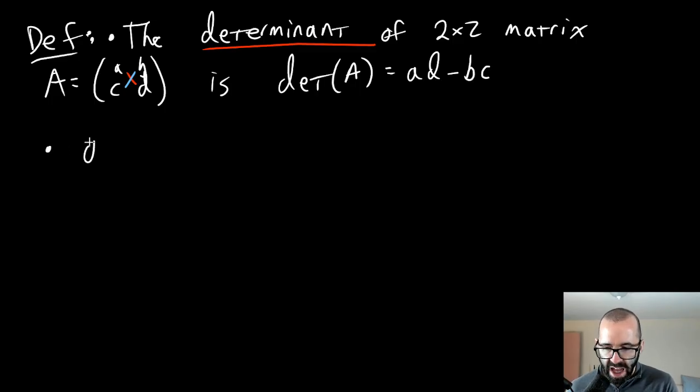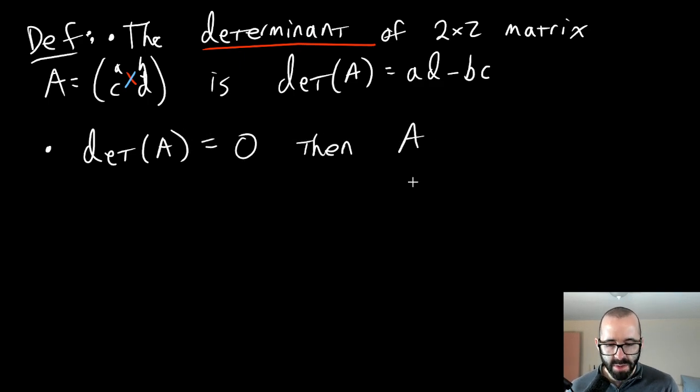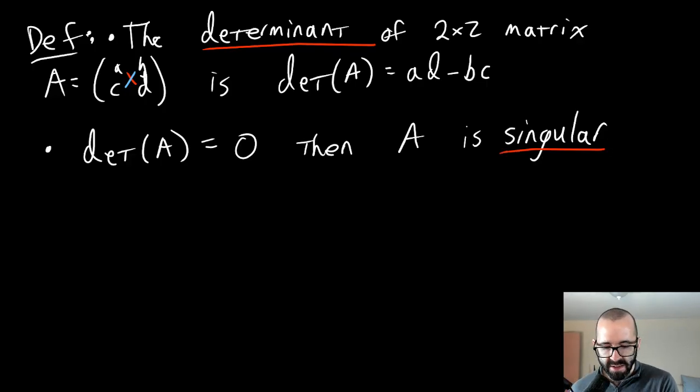If the determinant of A is equal to 0, so here's one use of the determinant, then A has a special name. If the determinant is 0, we have a very interesting situation, and we'll say that the matrix is singular. You may also hear the term degenerate.